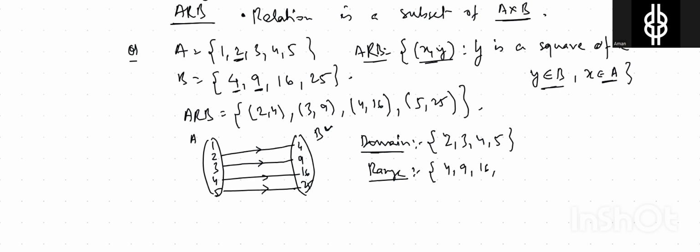All are being used. And what is the codomain? You see a very interesting thing here in this question: the range and the codomain are going to be the same. This is also going to be 4, 9, 16, and 25. So it can happen that range and codomain both are the same. That is going to happen in some of the cases, not an issue.